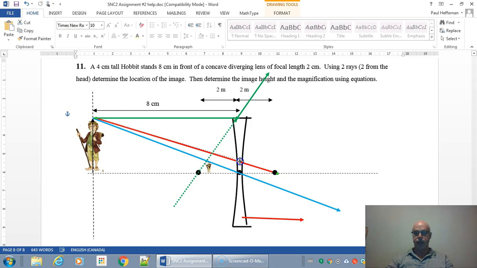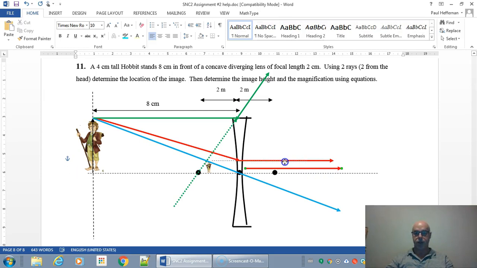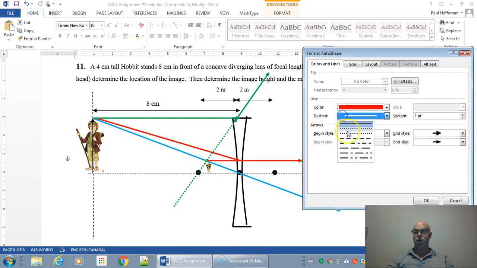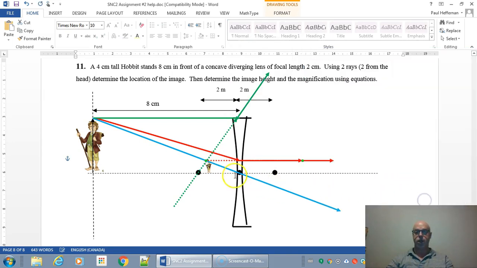When it hits the lens, it's going to refract so that it ends up moving parallel like this. Once again you have to draw an extension line back. You can see the dashed extension line will match up with the other two right here, and that's where our image is going to be, a tiny little image right there.